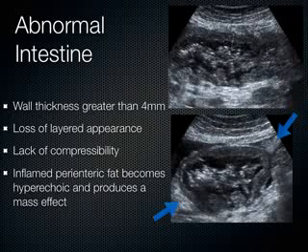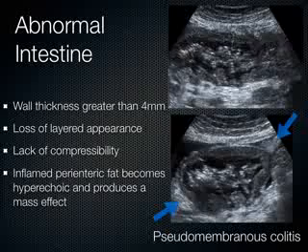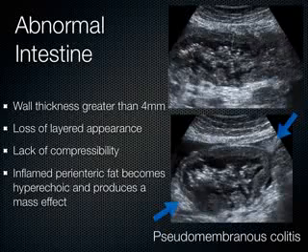And when I compress, it exudes this mass effect. It all moves together as one unit. Now, intestines should easily flop around and slip around each other and slide amongst one another. When there's inflammation or abnormality, then it all moves together like a unit. And this is an example of a patient who had pseudomembranous colitis.